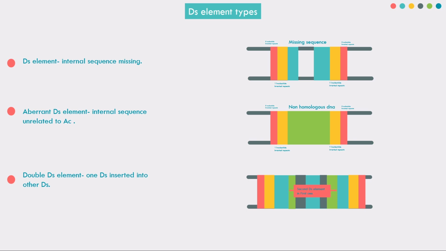The second one is the aberrant Ds element, in which the internal sequence is unrelated to Ac, meaning it has internal sequences but they do not code for the activator. The third one is the double Ds element, in which one Ds is inserted into another Ds, as you can see in the diagram.